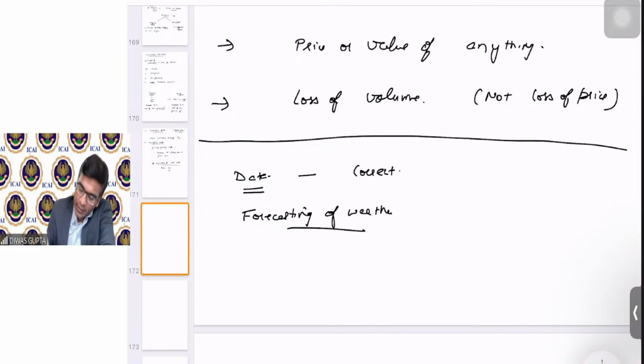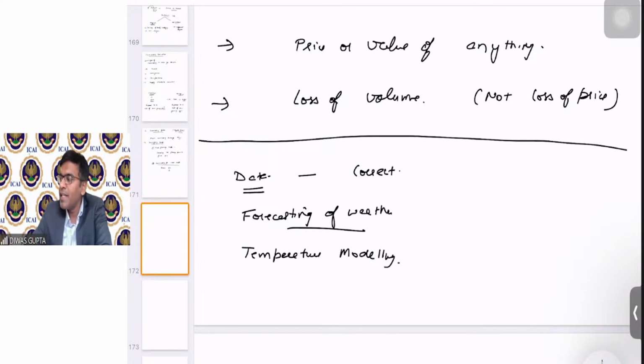And lastly, temperature modeling. If temperature remains constant across different months in a year, then there will be an issue in this.